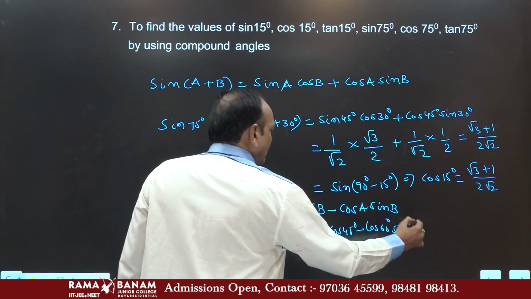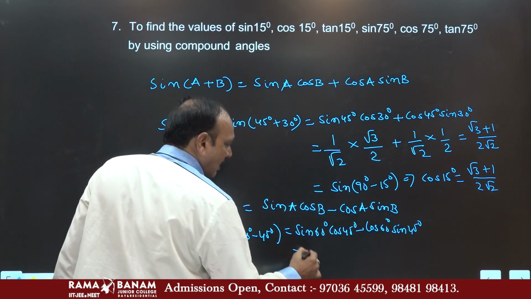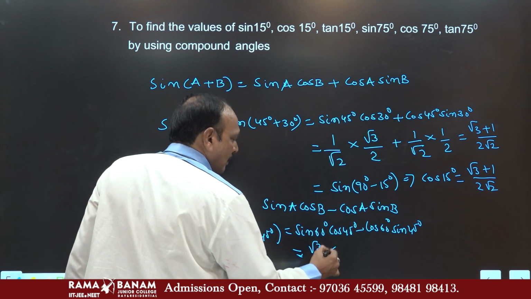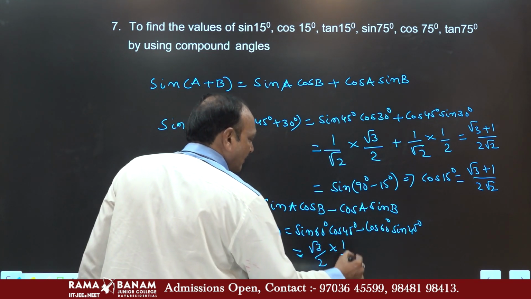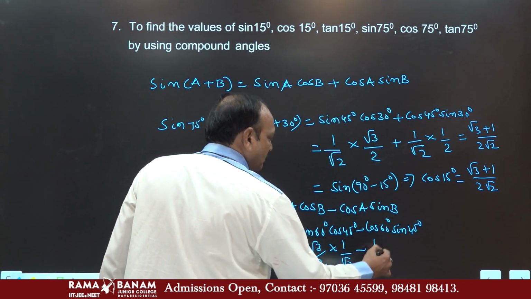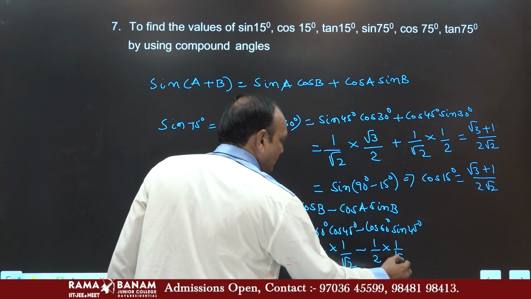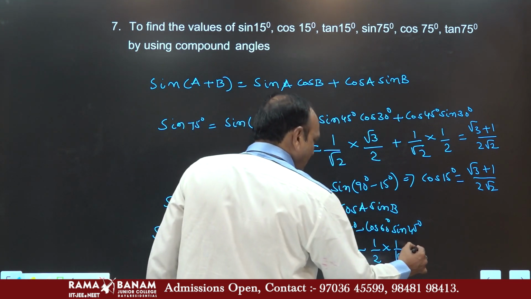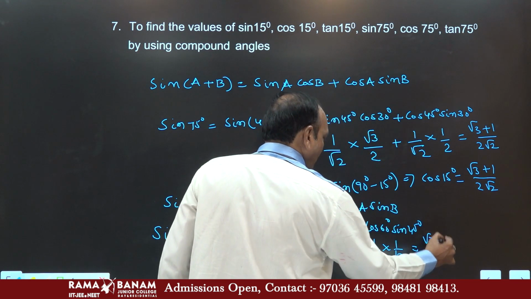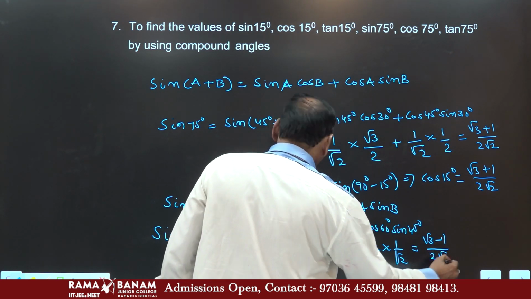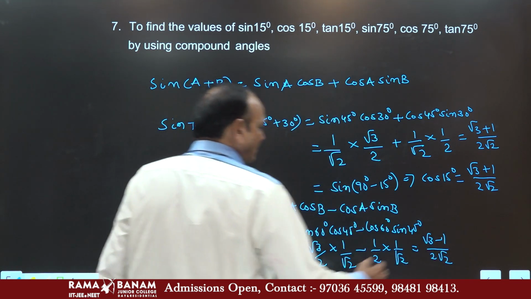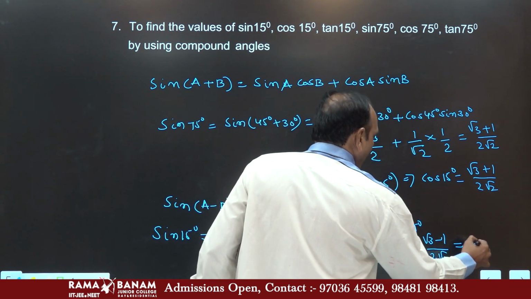Now, sin 60 is root 3 by 2, cos 45 is 1 by root 2, again cos 60 is 1 by 2, sin 45 is 1 by root 2. So, it is root 3 minus 1 by 2 root 2.